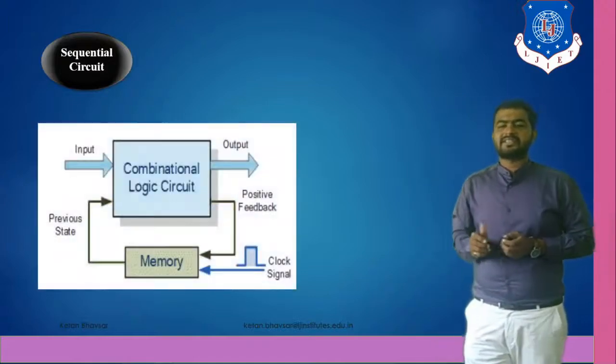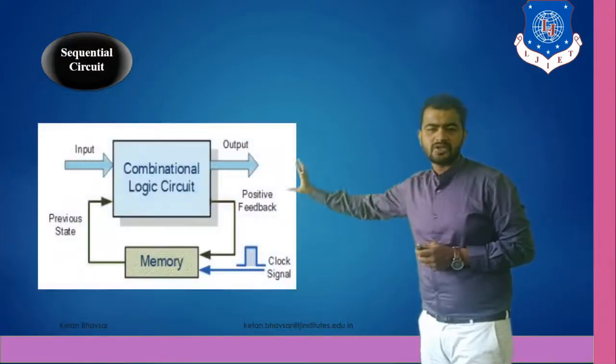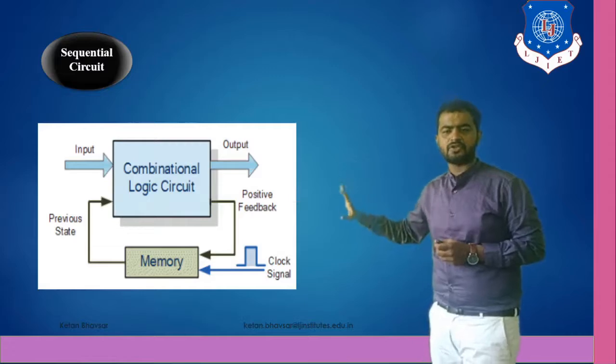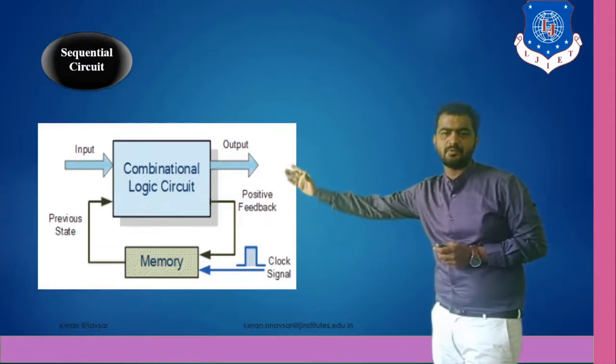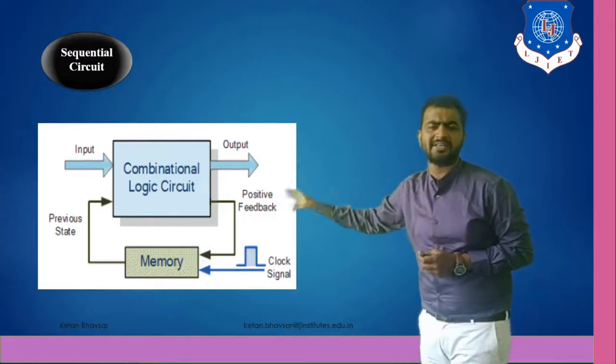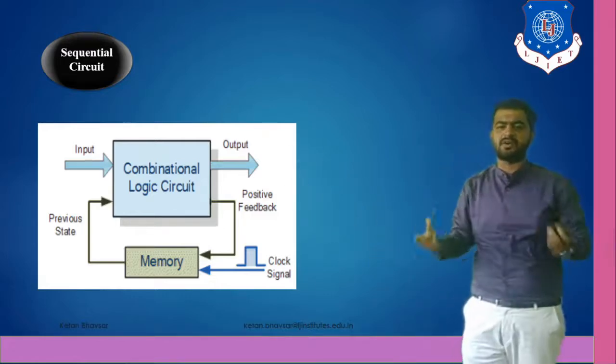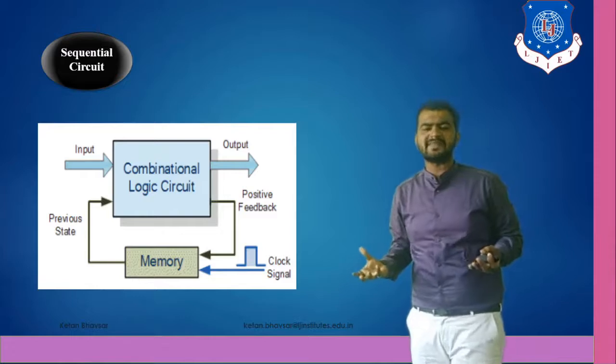Now you can see the diagram of the sequential logic circuit. If we focus on the combinational part and forget the bottom memory element, just the input and output, the combinational circuit can be designed with the help of NAND gate, NOR gate, and CMOS based circuits.